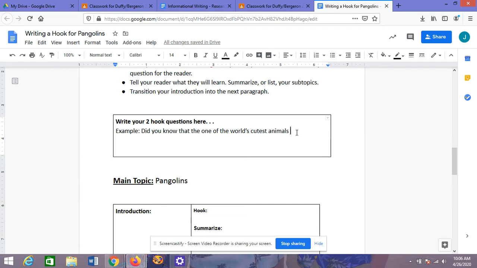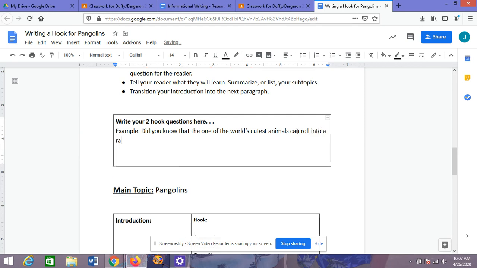Did you know that one of the world's cutest animals can roll into a razor sharp ball?